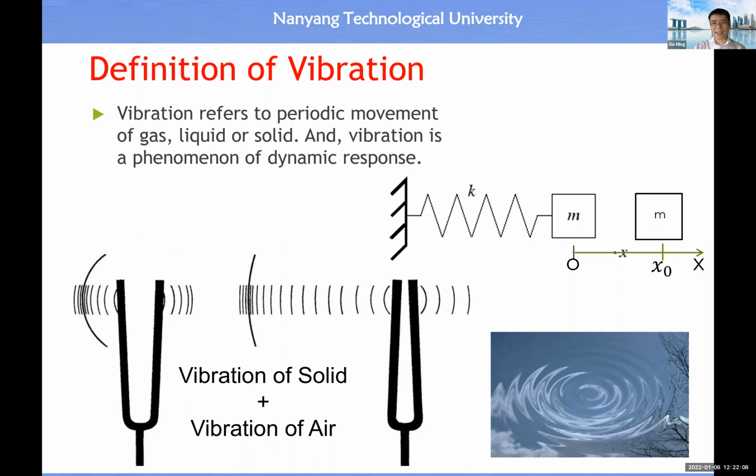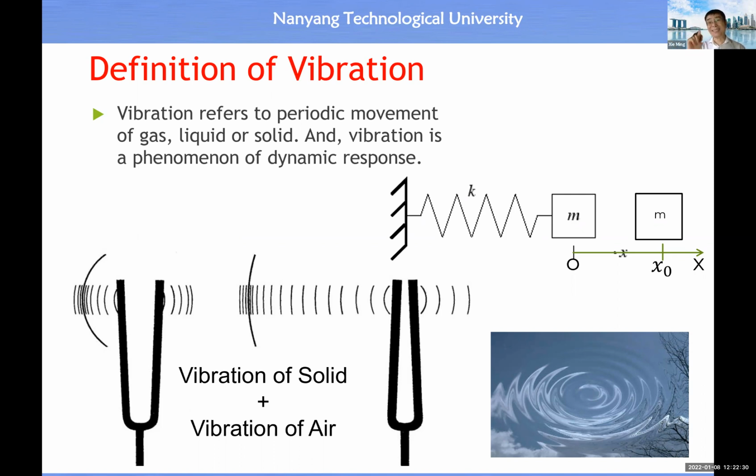In this slide, you see we can produce vibration with a solid. We can also produce vibration in air. Air is a gas, and that is a vibration signal of alternating pressure.